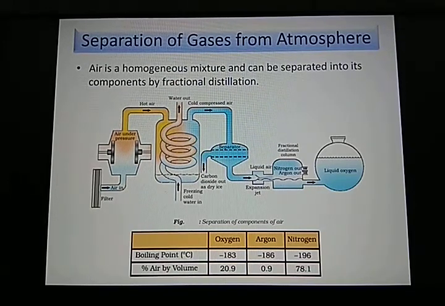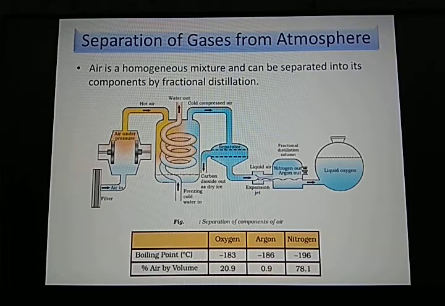From the atmospheric oxygen, we can extract the liquid oxygen. And nowadays, you might have heard in the news that there is a scarcity of oxygen in the hospitals due to this COVID-19 situation. In this process, with the help of oxygen concentrators, we can extract the atmospheric oxygen and store it in cylinders in the form of liquid oxygen.